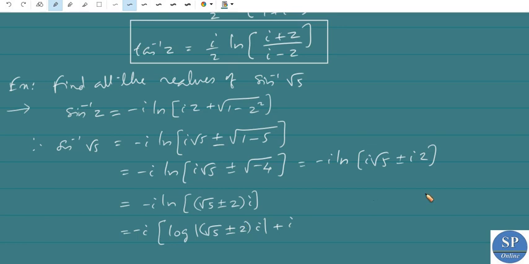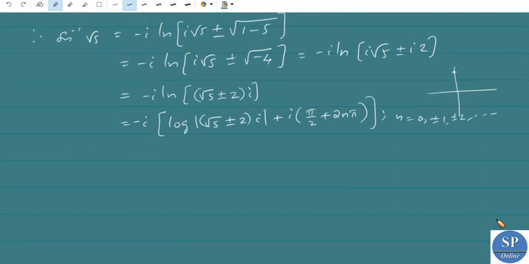The argument: this value, root 5 plus or minus 2 into i, will be on this imaginary line, so the argument is pi by 2. So we will have i into pi by 2 plus 2n pi, for n equal to 0, plus or minus 1, plus or minus 2, etc.